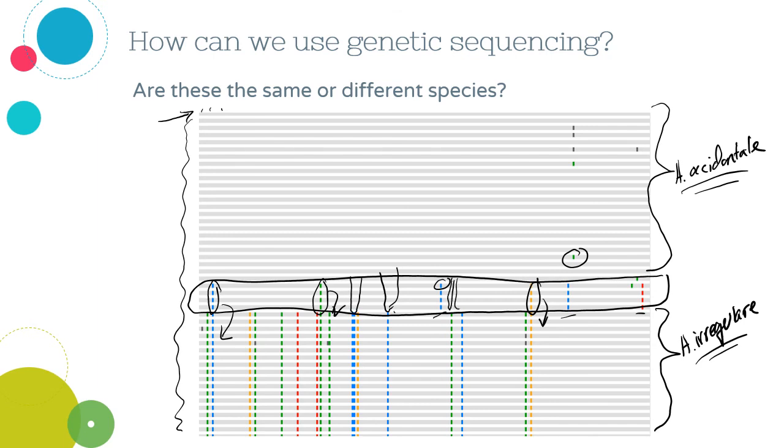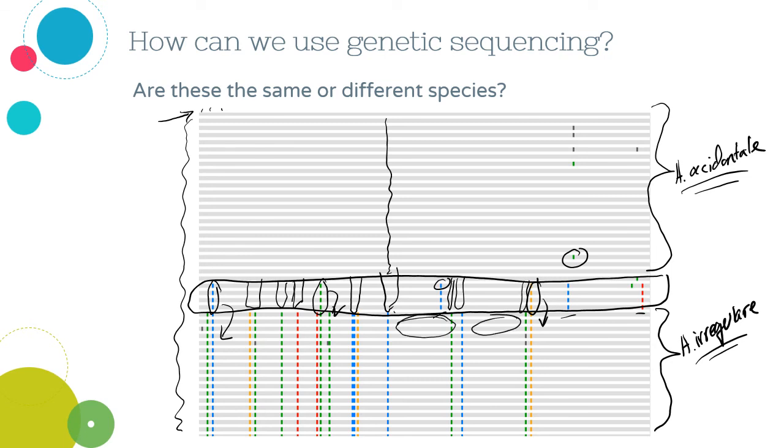So all of these represent similarities to the other species, right? So we have a mix. We have a mix of mutations from one species, and these would also technically be mutations from the other. And then all of this is the shared stuff, right? That's still the same, it's conserved.